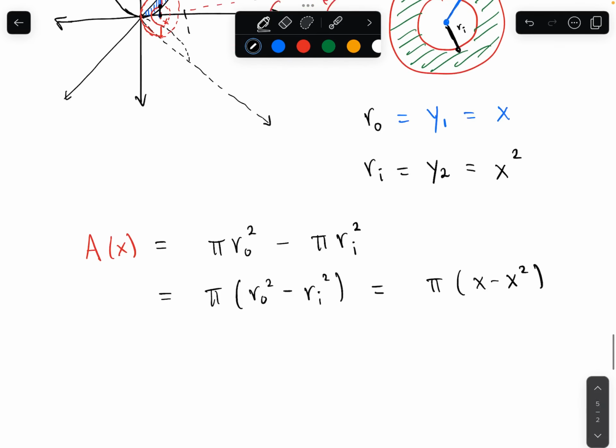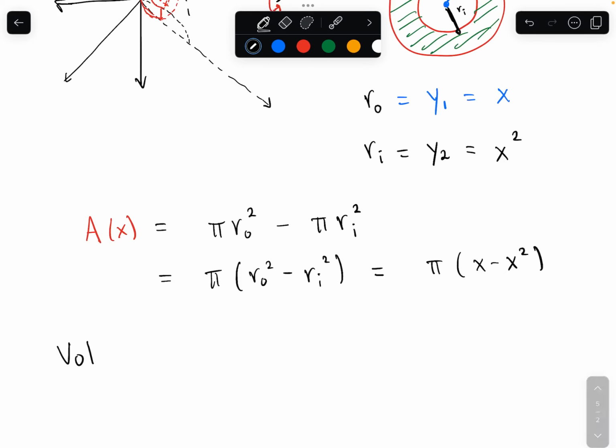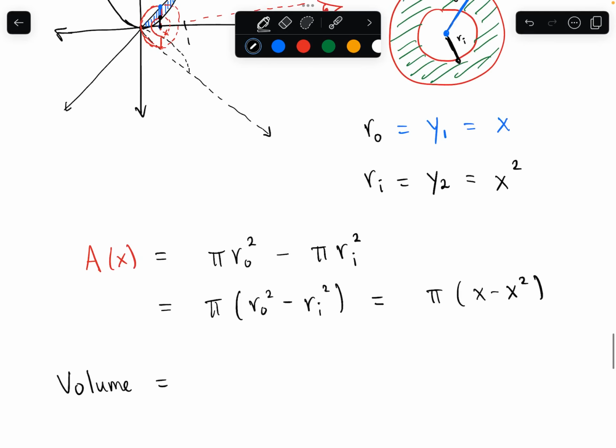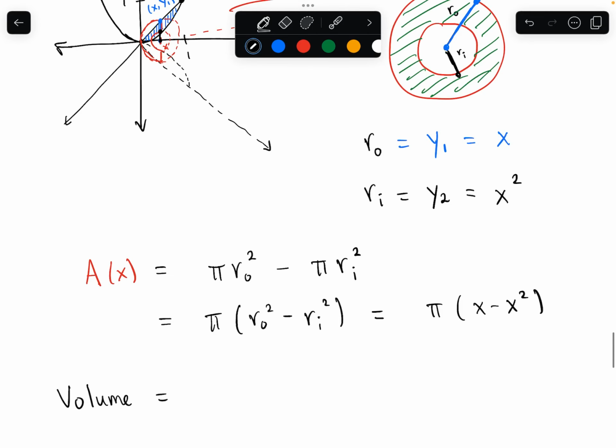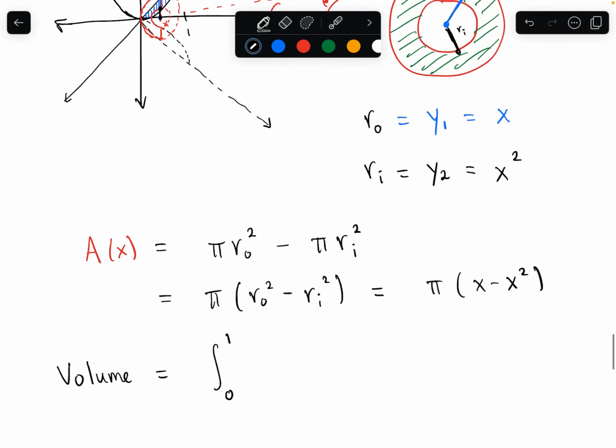And now, how do I compute the volume then? Well, it's the same as what we've been doing. Just the particular way we needed to compute the cross-sectional area was a little different, but nothing new here. So it's just the integral. We're integrating in terms of x. X goes from 0 to 1 here in our case.